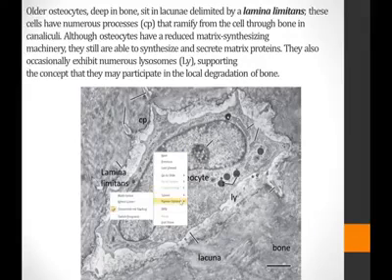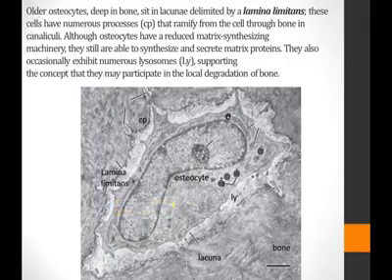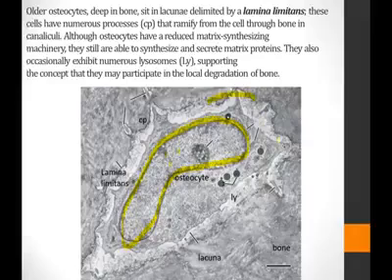This figure here clearly shows everything you see in an osteocyte. This basically is the plasma membrane of the osteocyte. There's not a lot of protein synthesizing organelles. However, there are some lysosomes present within the cytoplasm of the osteocyte.